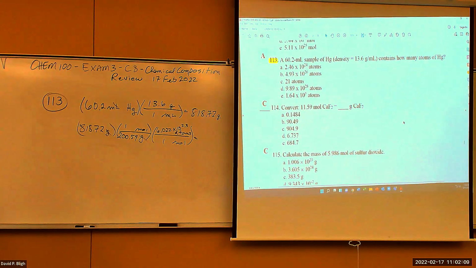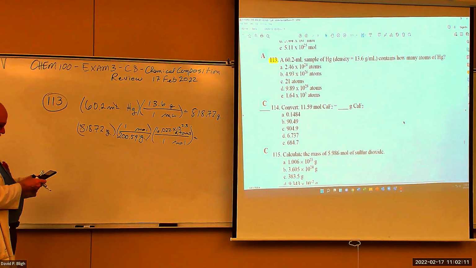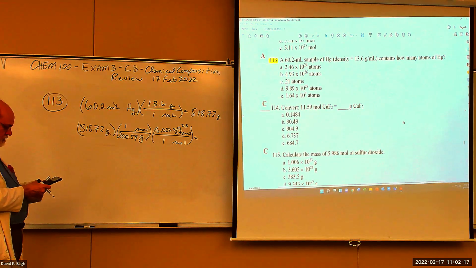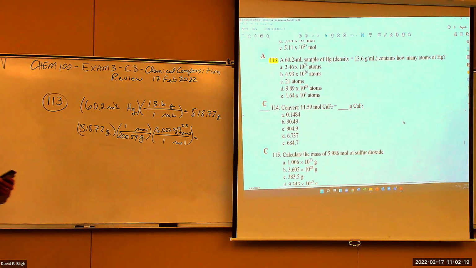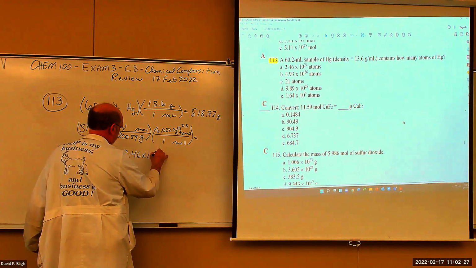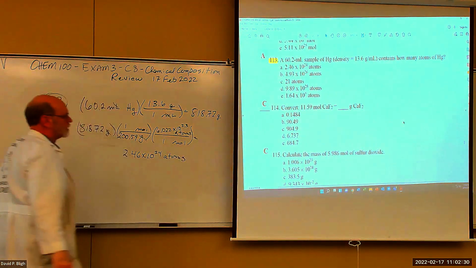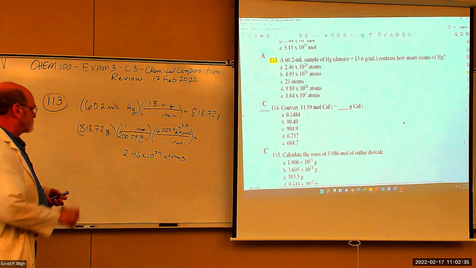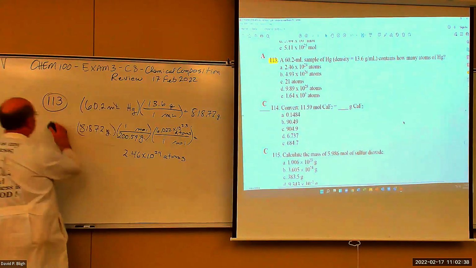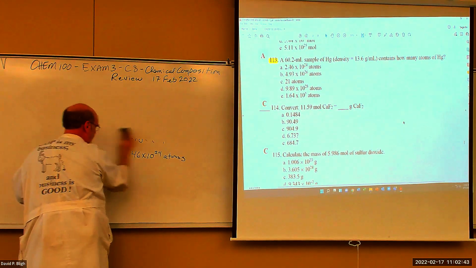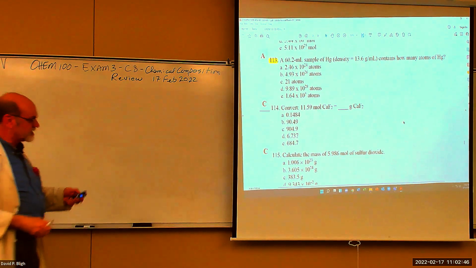Okay, so the rest is number crunching. 200.59 and 6.022. So I get 2.46 times 10 to the 24th atoms. Let's see. There it is right there. All right, I think that's it.